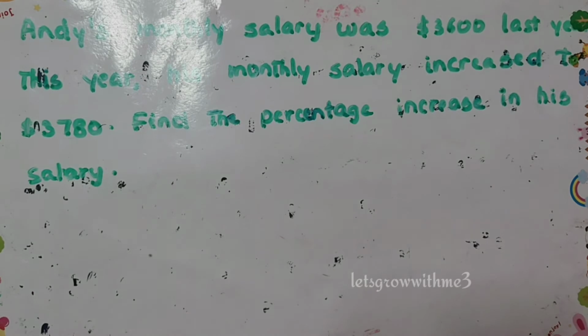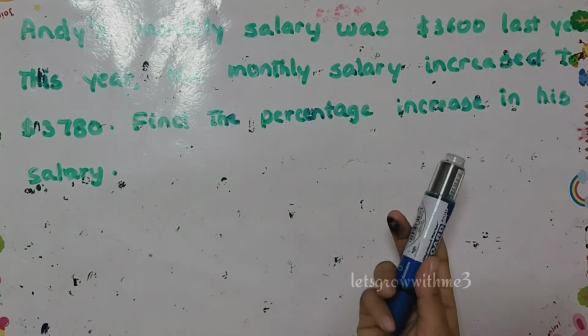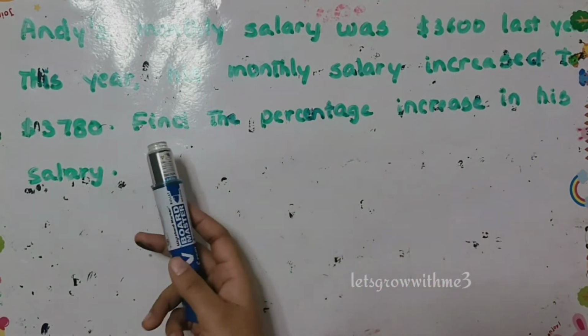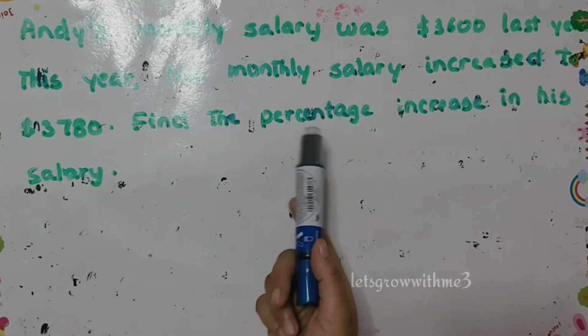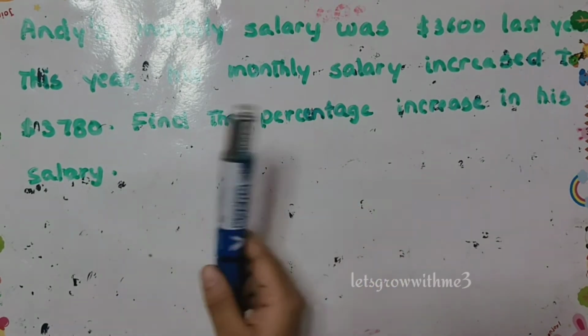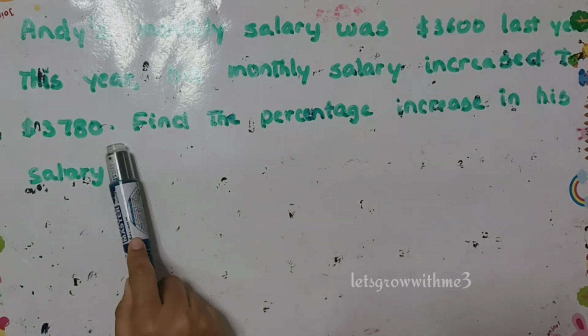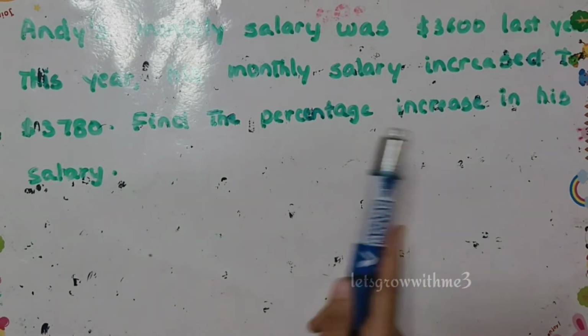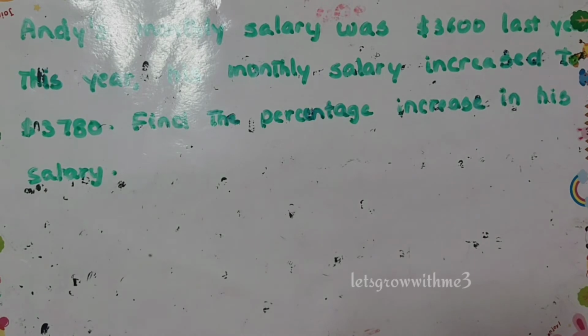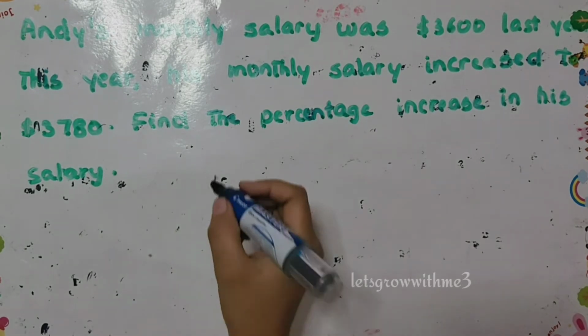Find the percentage increase in his salary. Here we need to find the percentage increase, because the salary increased from last year to this year. Last year it was 3,600. Now it is 3,780.